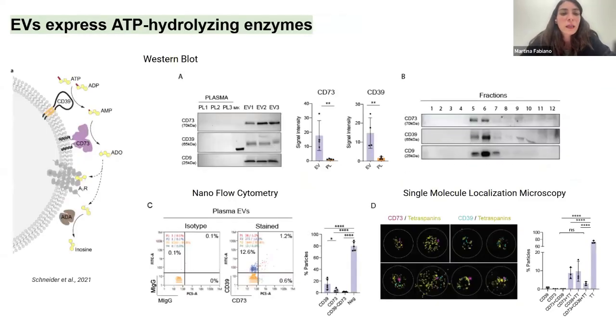First of all, we evaluated our preparations by Western blot. As you can see here, the EV fractions that were pooled after SEC were evaluated for CD73 and CD39 in 3 or 4 different donors. And they were also associated with canonical markers of EVs, for example CD9.